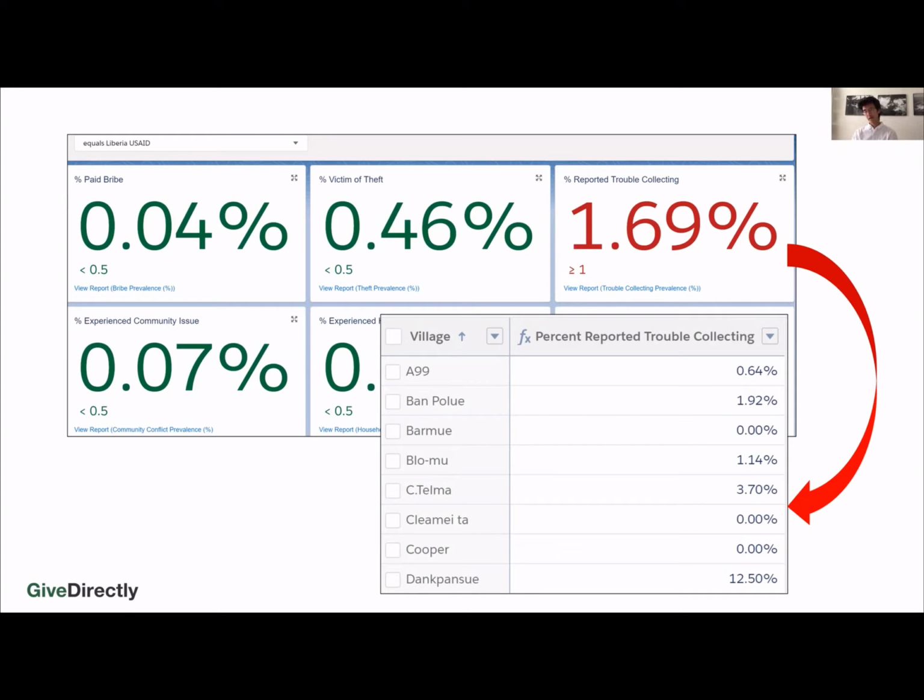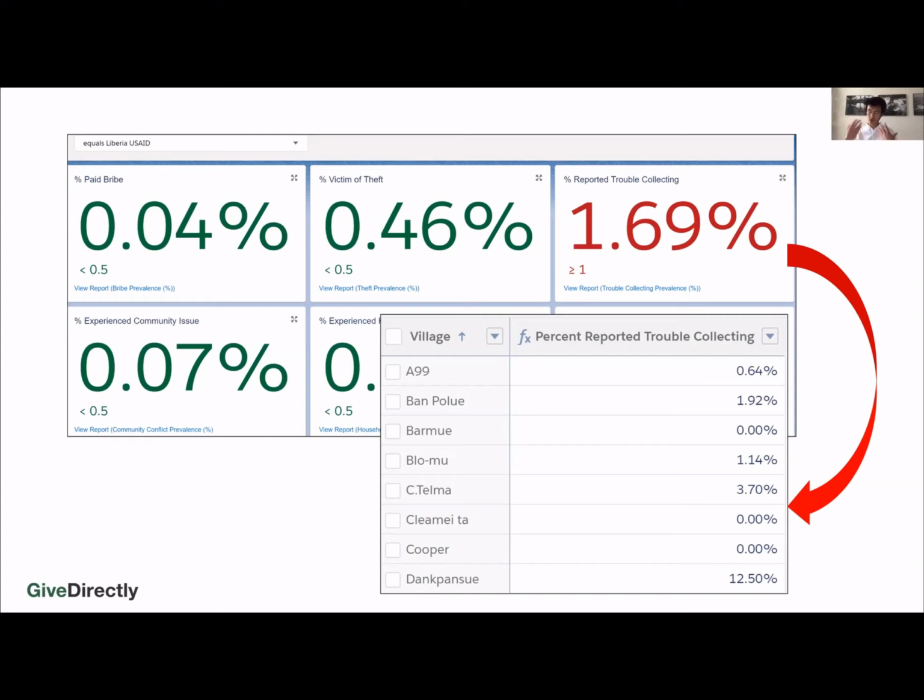And so what we have here is then, we want to say, okay, let's drill down into what's behind this 1.7%. Let's understand which villages here are really driving this issue with collection. Is there a particular liquidity issue in a particular geography that we can mitigate? Again, if people can't cash out, it's going to fail the final summative evaluation, right?